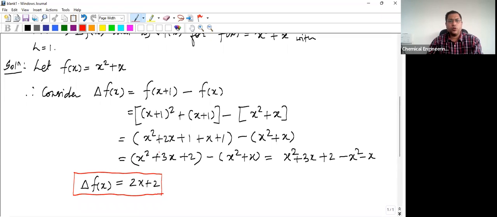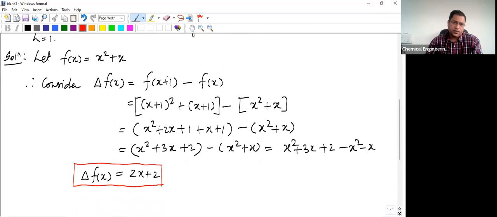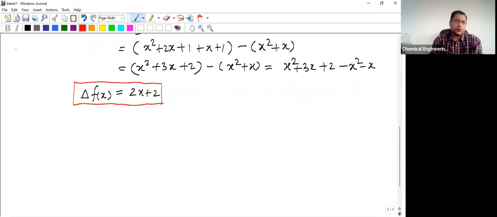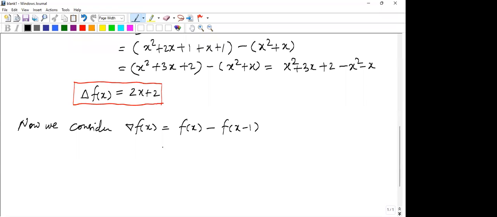Now what we want to find out is del f of x. So we consider del of f of x, which is f of x minus f of x minus 1. Are you getting this formula? Yes, sir. Okay.